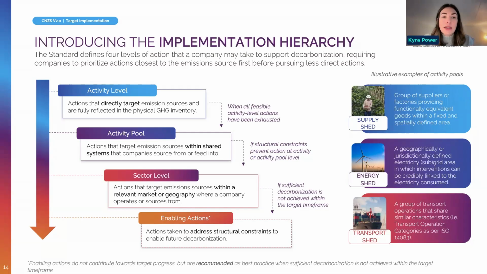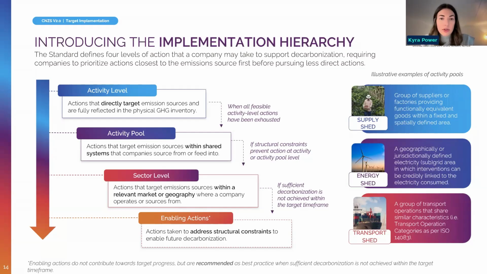Activity pools are defined as a shared system that companies source from or feed into. You can see some of the examples on the right-hand side of the screen. But these are things like electricity grids, supply sheds, and logistics networks.